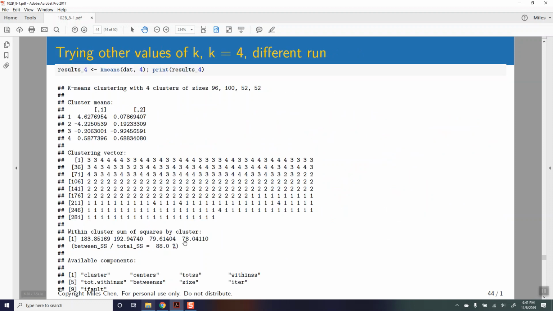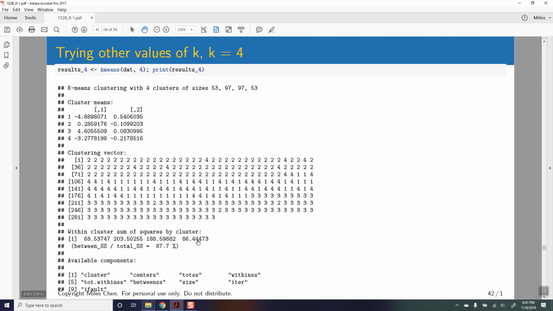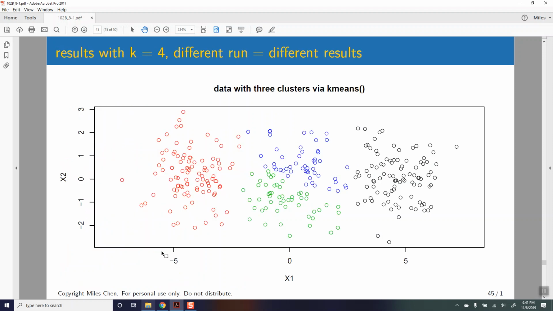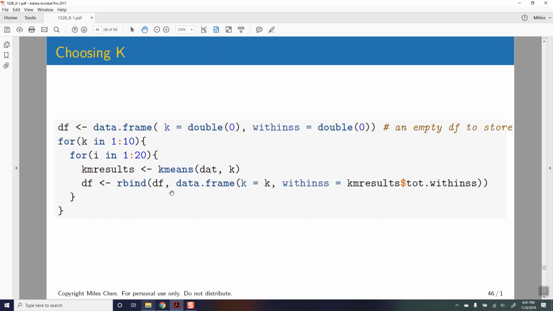Here my between SS is 87.7, and here it's 88.0. So it's ever so slightly different. We can imagine we're going to get some variation when looking for 5 clusters or 6 clusters or 10 clusters.